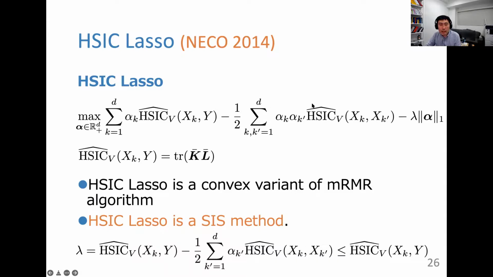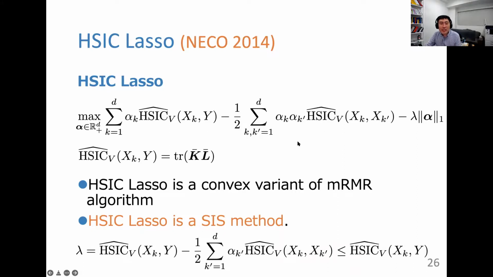If we forget about the second and third terms, this corresponds to the screening method, because alpha is some parameter and we want to maximize the HSIC values. If we solve this to select some number of features, it just ranks the HSIC values and selects the top 5.